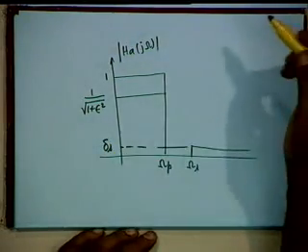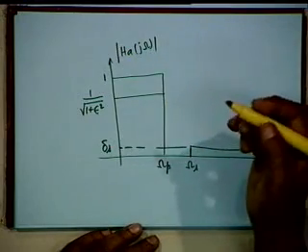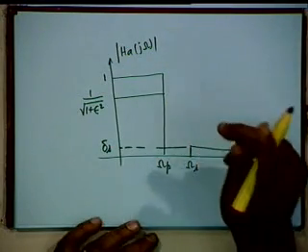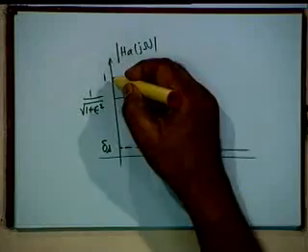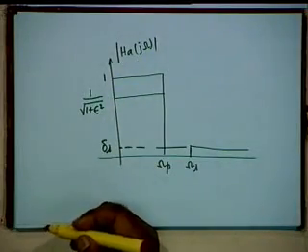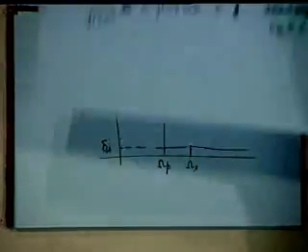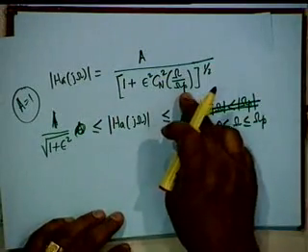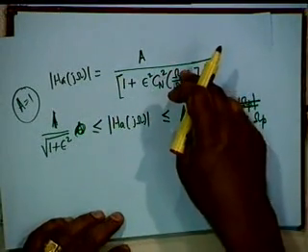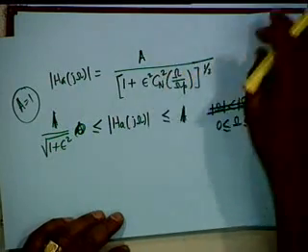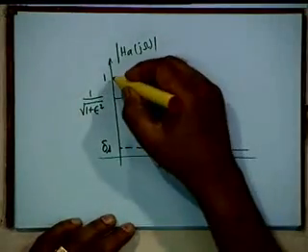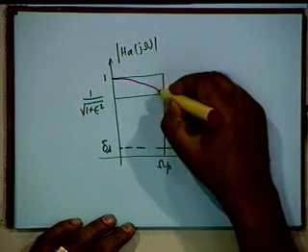So, let us see, N equal to 1, 1 is odd, so N is odd. If it is odd, then at omega equal to 0 the value of C_n is 0, and therefore the magnitude shall be 1. It is epsilon squared C_n squared of omega by omega p. At omega equal to 0, it is 0, and therefore it is 1. In other words, it starts from this and goes like this.